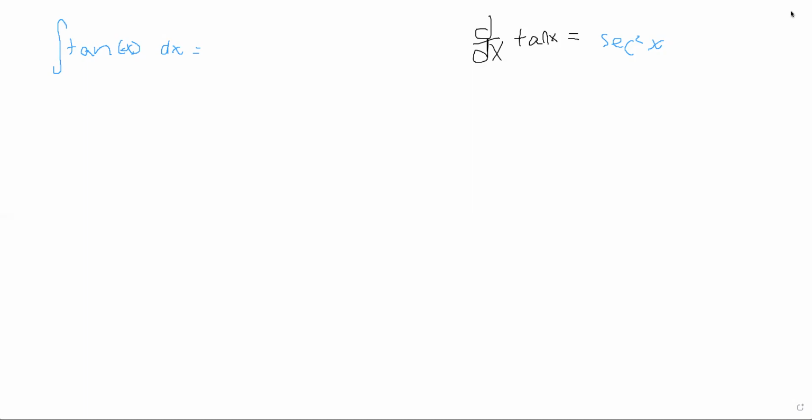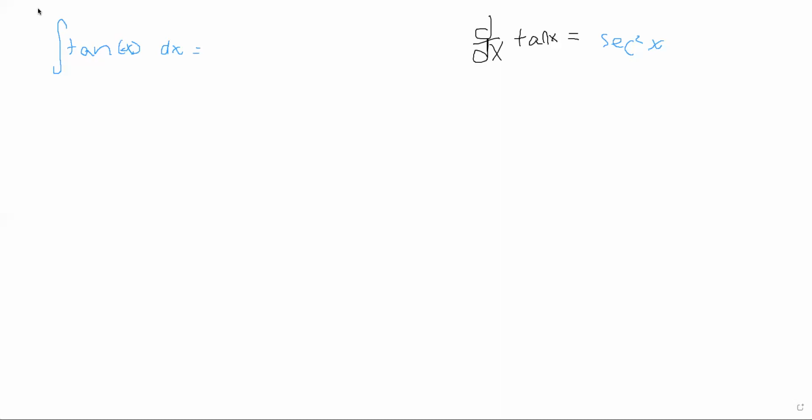I figured the original function would be a natural log function, and I would say negative cosine, because when you take the derivative of that, you would have the derivative of negative cosine in the numerator, and in the denominator negative cosine x.